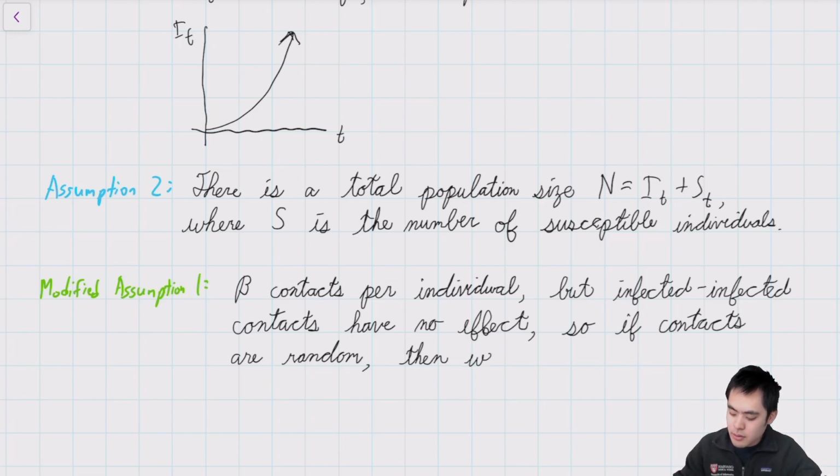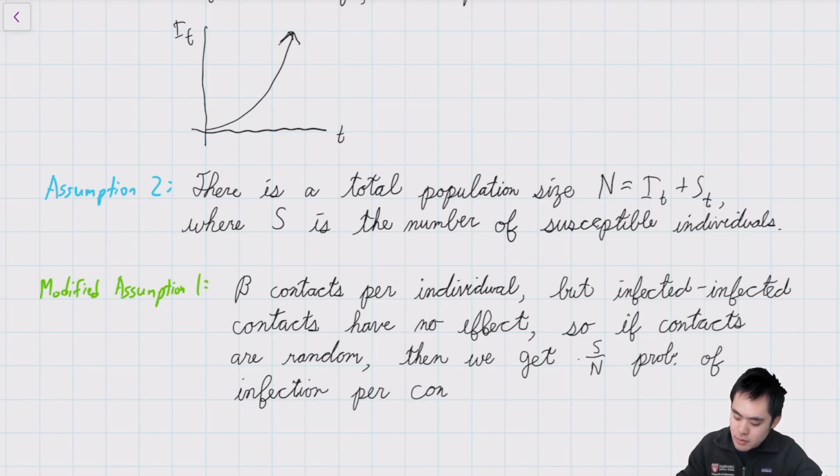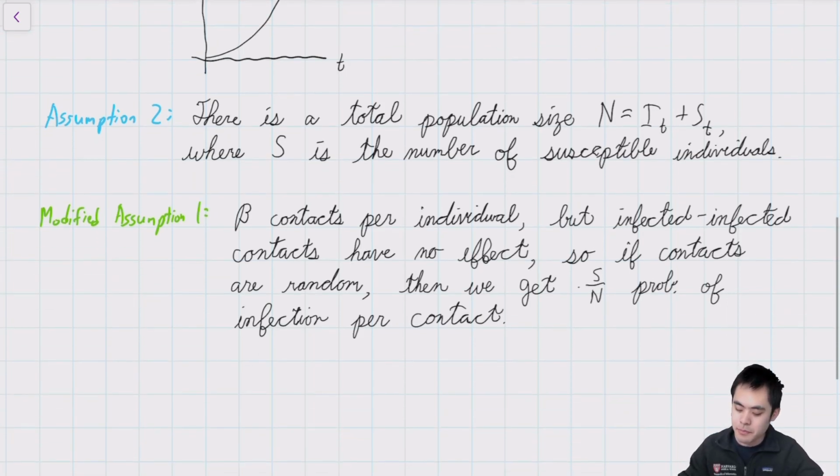Then we get a S over N probability of infection per contact. Because with probability S over N, you actually get someone who is susceptible, and so you can infect them.